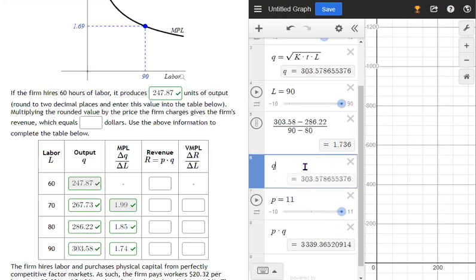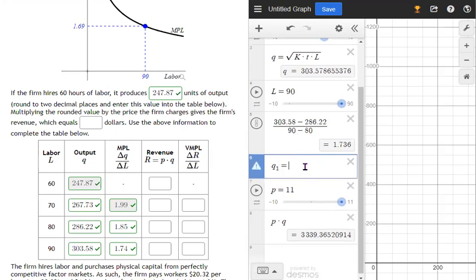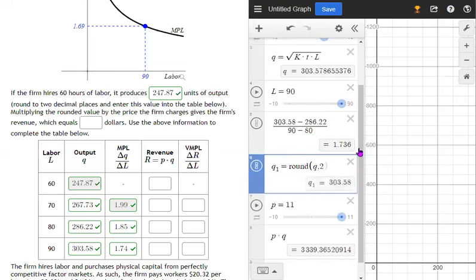So I'm going to do Q equal to, well, Q1. If you type Q1, it'll go Q subscript 1. Q subscript 1 is going to be the rounded Q, rounded to 2 decimal places. So now I'm rounding to 2 decimal places.